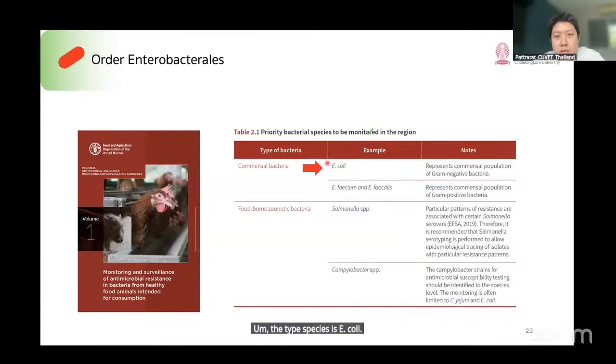E. coli is used for antimicrobial resistance monitoring because this species represents the commensal population of gram-negative bacteria, similar to Enterococcus representing the population of gram-positive bacteria. These two species are used for AMR monitoring.